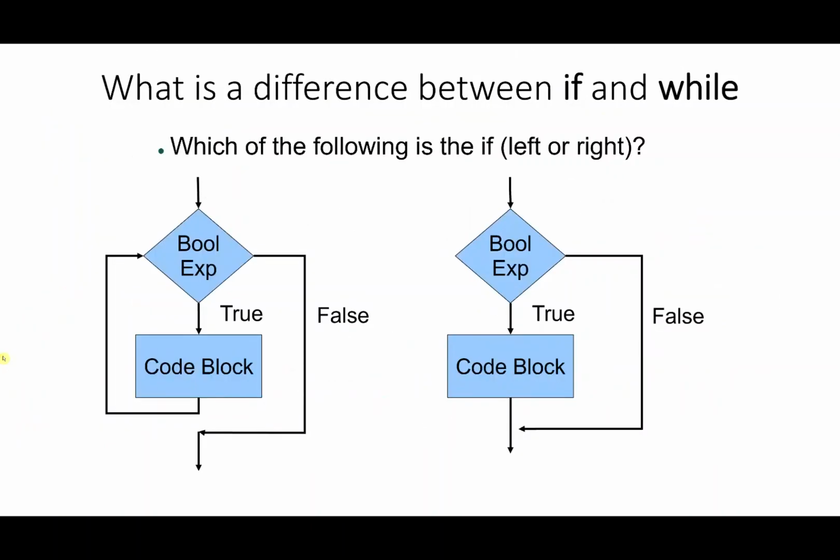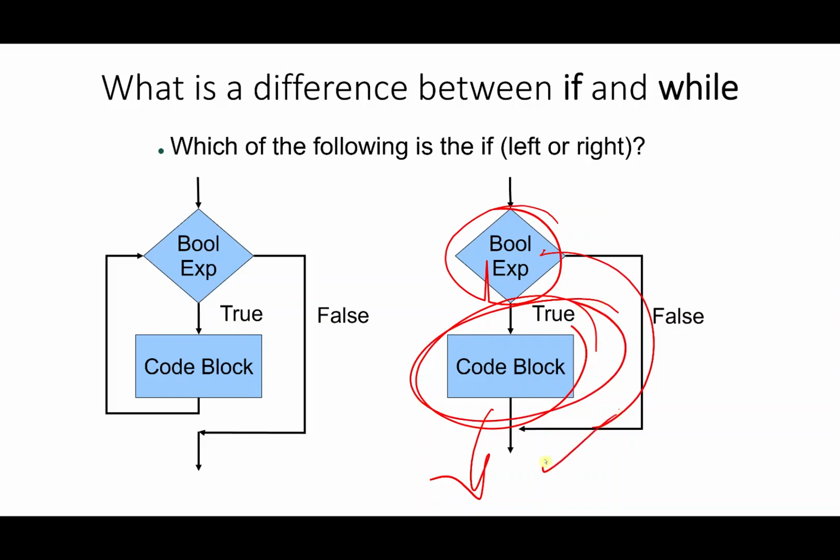Okay, so this is the main difference between the if and the while. The if is just going to check whether this is going to be true. If it's true, do this and continue your code. If this is false, skip this code and continue doing your code. But the while is going to check the Boolean expression first.